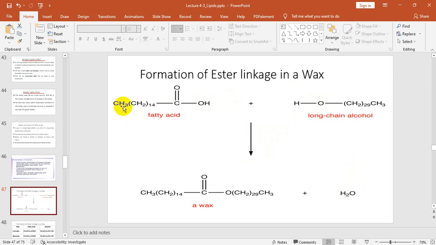Then it will be left with this alkyl group plus the carbonyl group, and the O, because this H will react with this OH to form water. So it will be left with this O. So this O is over here. Then this CH2 29 CH3 will come and join to the O over here to form this ester bond.